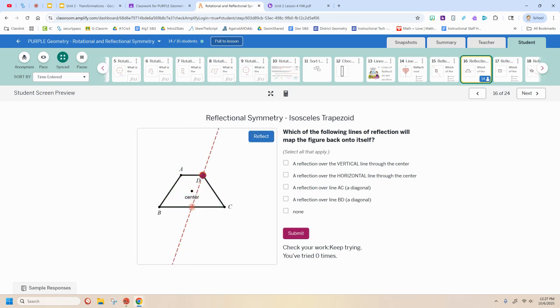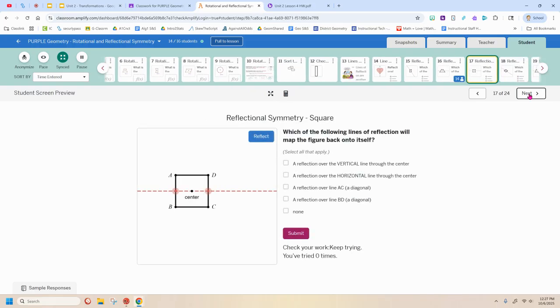Do these diagonals work? No. It's good to just try one so you can see what it does. Ew, right? It doesn't work. So sometimes you only get one, and it's the vertical one that works. So we can hit submit and yay. Okay, am I going too fast? No. Okay, go to the next one.